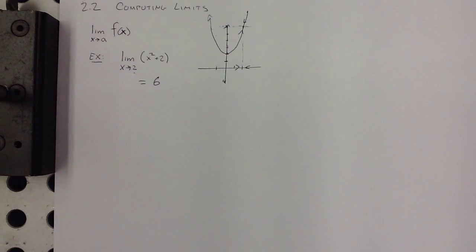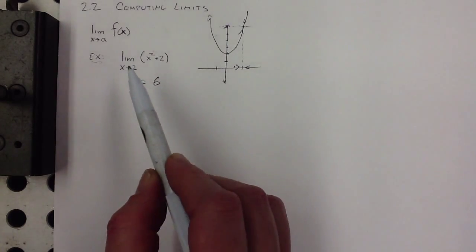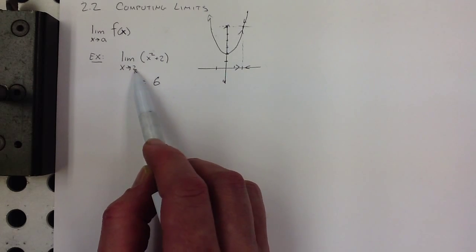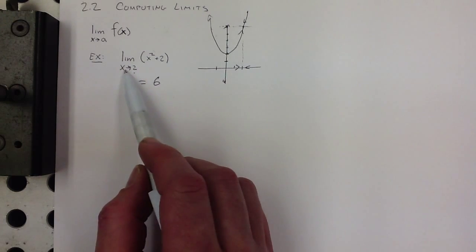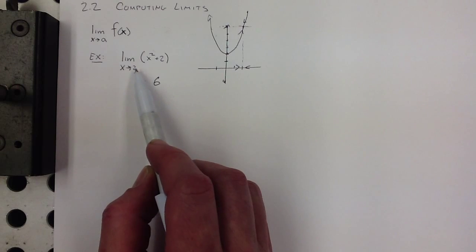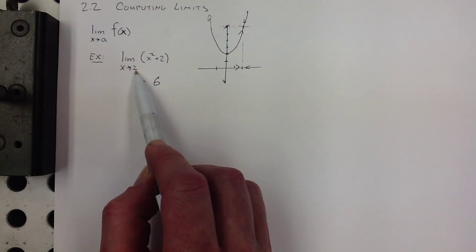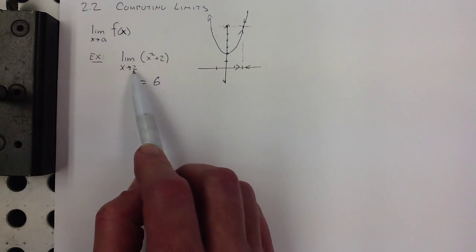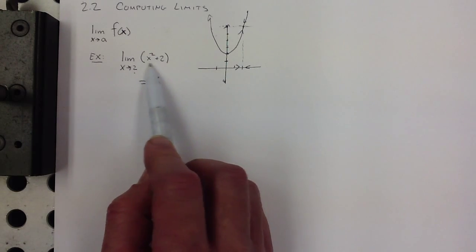So that seems sort of trivial and not exciting, but it's important to realize that the reason the answer is 6 is actually not because when you plug in 2 you get 6. It's because as you plug in numbers really, really close to 2, this gets really close to 6. What actually happens when you get to 2 does not matter in the end.